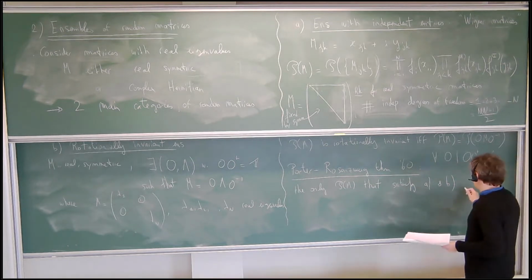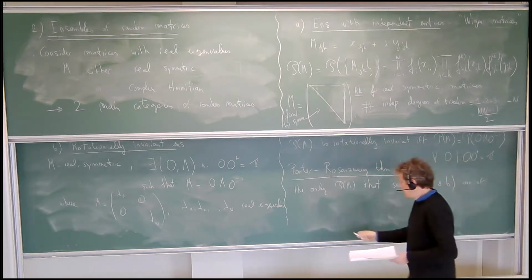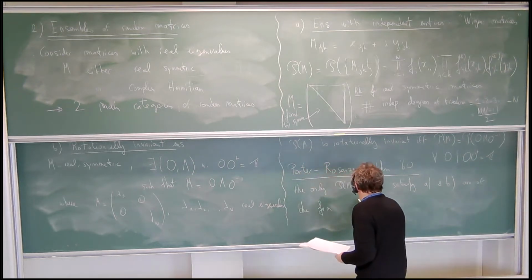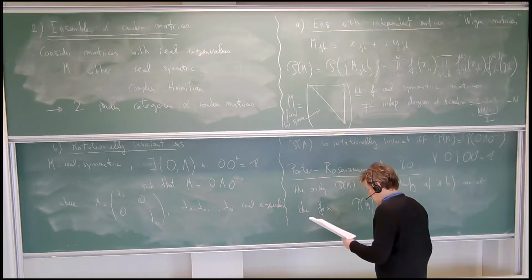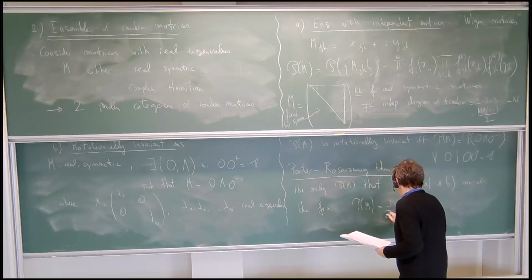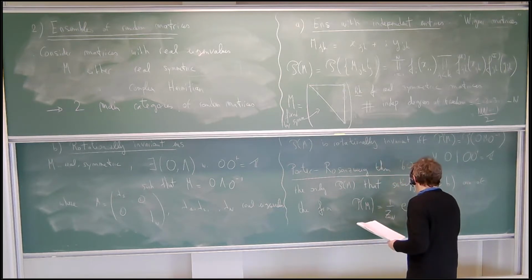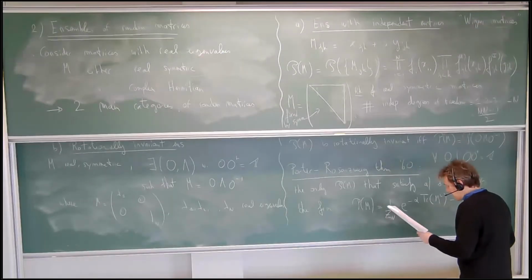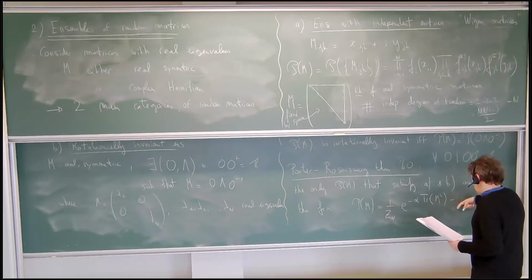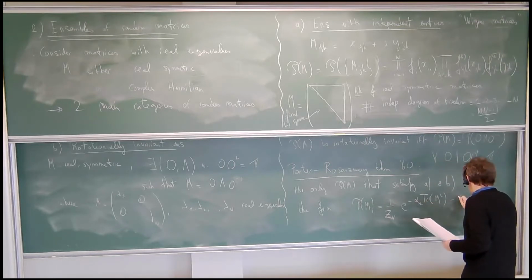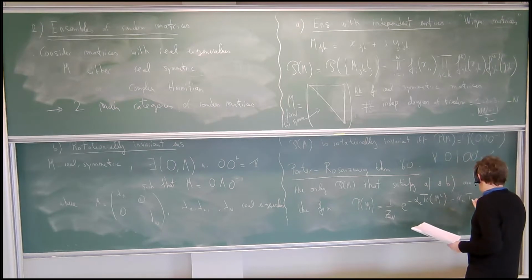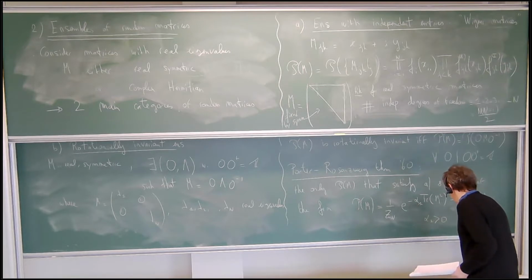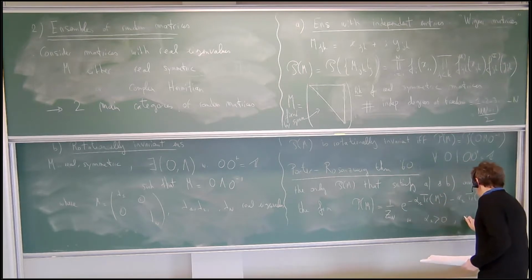More precisely, of the form P of M is equal to, up to some normalization, exponential of minus alpha 1 trace of M squared minus alpha 2 trace of M, for alpha 1 positive and alpha 2 real.